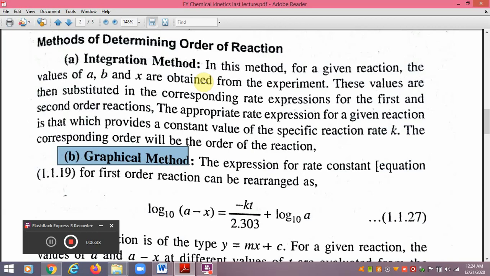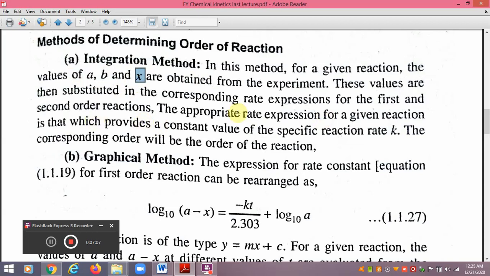And for the second order reaction, the rate constant is given by K2 is equal to 1 upon a into t into x upon a minus x. In this integration method, what we have to do is find out the values of a and x, the initial concentration as well as the concentration reacted, and put these values in the rate equation of first order as well as second order.